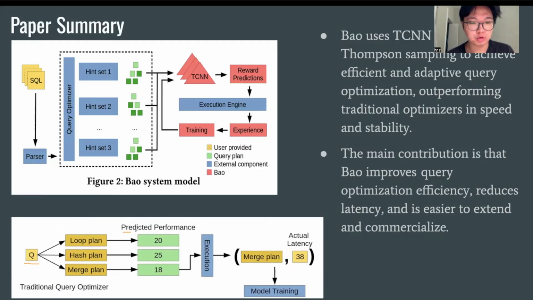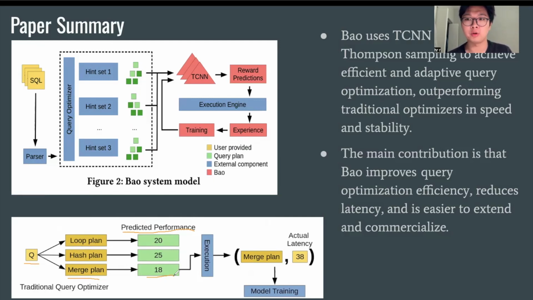After that, we go to the predicted performance, which gives the estimated time to run each plan. The reinforcement learning will choose the minimum time one, like the merge plan. It only needs 18 seconds to run, as estimated.